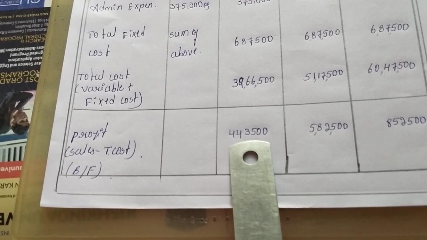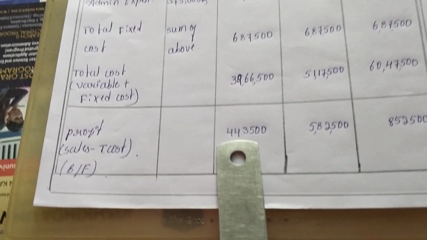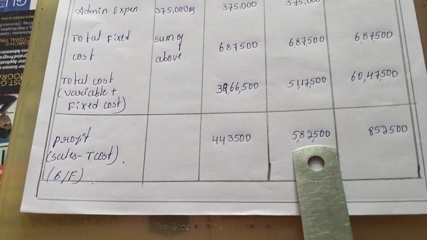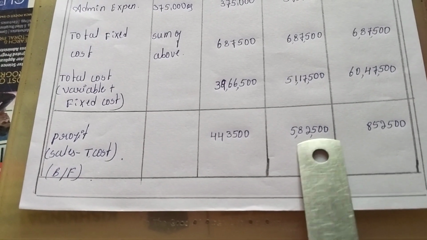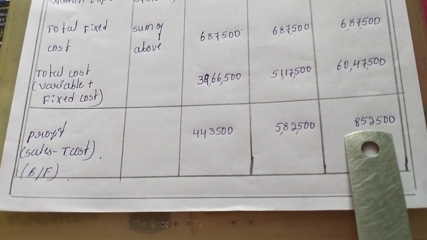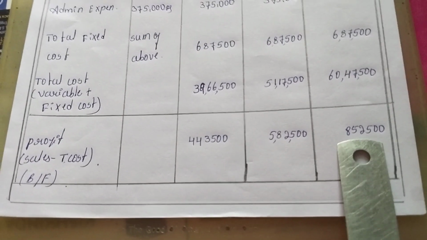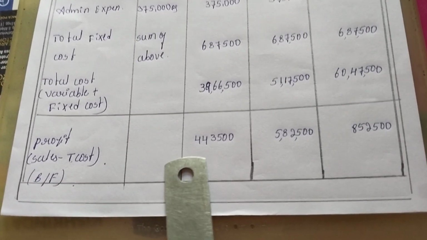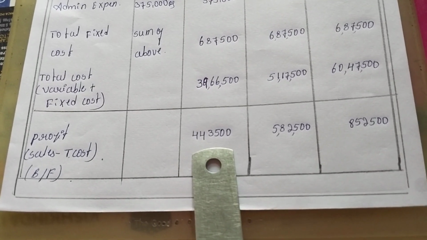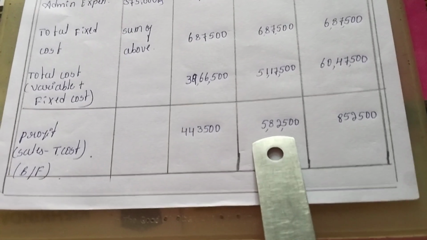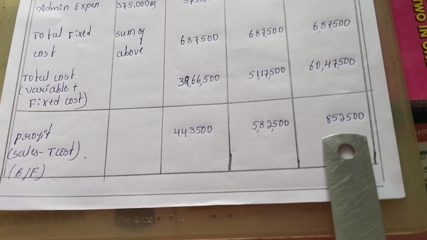Profit at 60% capacity is 4,43,500, at 80% capacity it is 5,82,500, and at 100% capacity profit is 8,52,500.